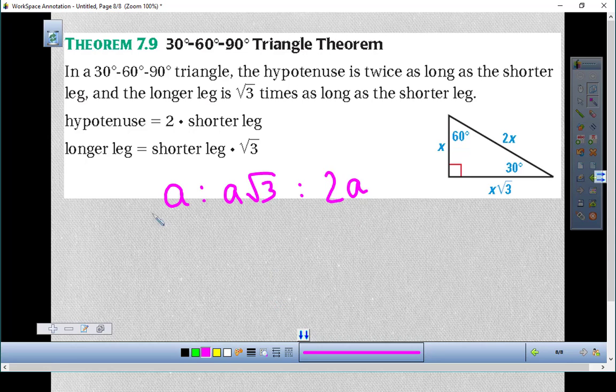Now, let me describe to you these pieces of information. This one's the hypotenuse. Okay? Now, you'll notice when we had a 45, 45, 90 that it was isosceles. This one's not isosceles. So there's a short leg. This is the short leg.